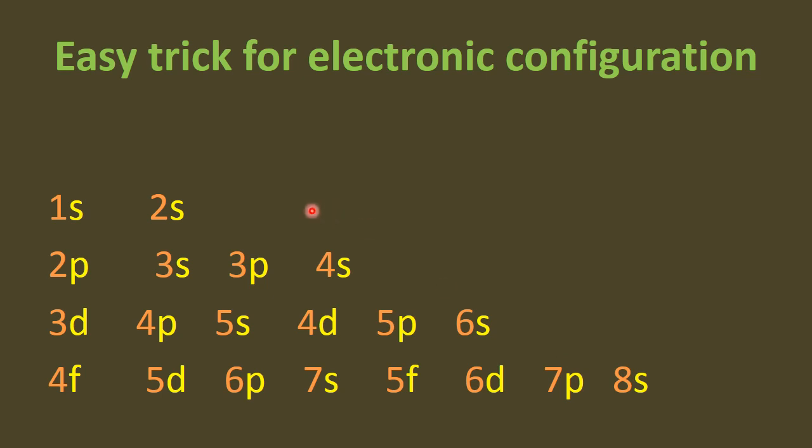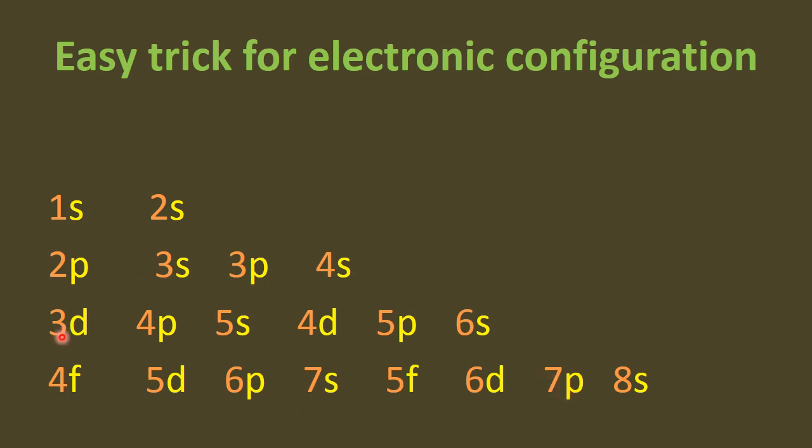Now we have to number the next subshell, which is P. It will start from 2 because it is present in the L shell and the value of L is 2. So it will be 2P, 3P, 4P, 5P, 6P and 7P.